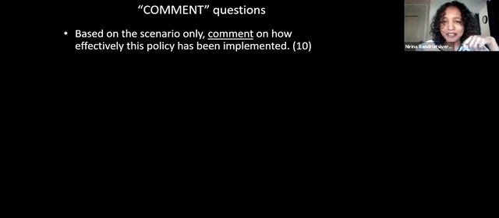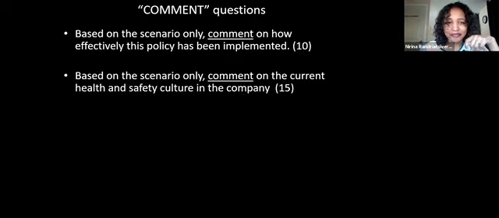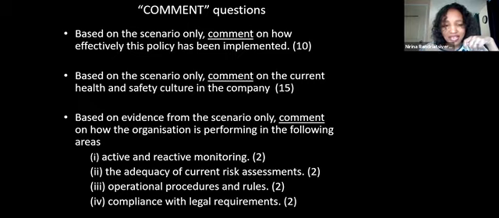What does that mean, comment? That's an example of a question with comment. What else? Based on the scenario only, comment on the current health and safety culture in the company, 15 marks. Based on the evidence from the scenario only, comment on how the organization is performing in the following areas, and then several points are mentioned here.